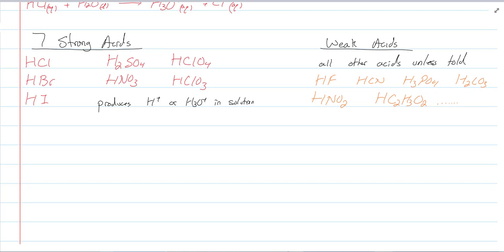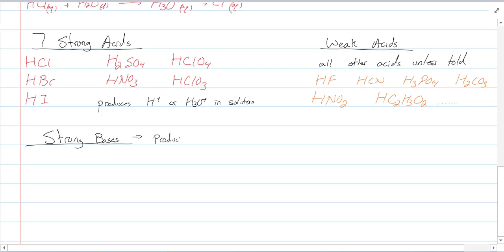Then we've got strong bases. These produce OH minus, hydroxide, in solution. They're going to be the group 1 and 2 hydroxides.